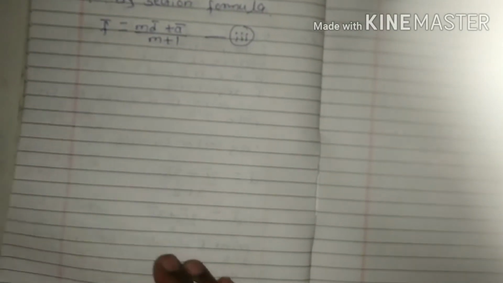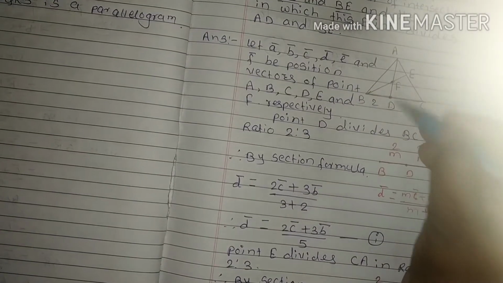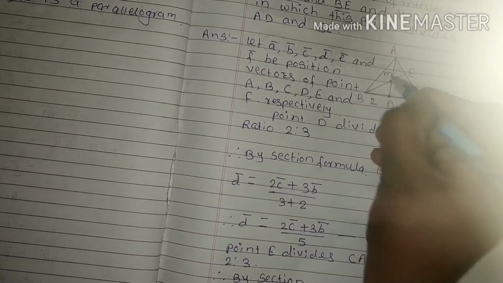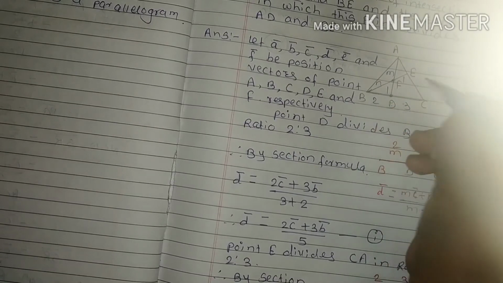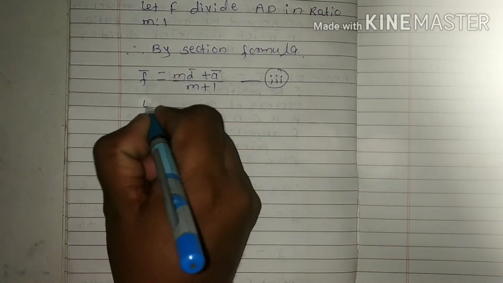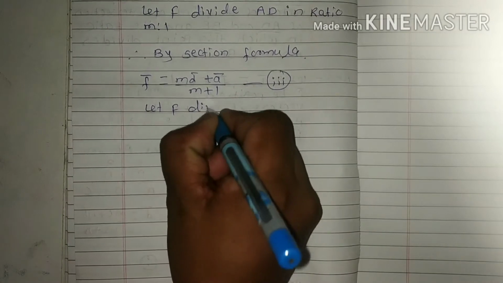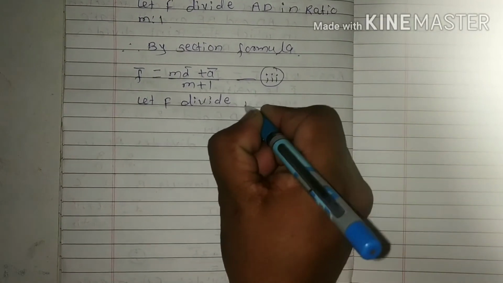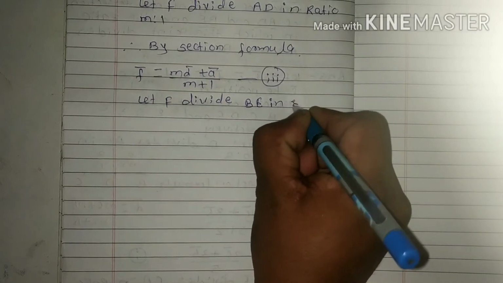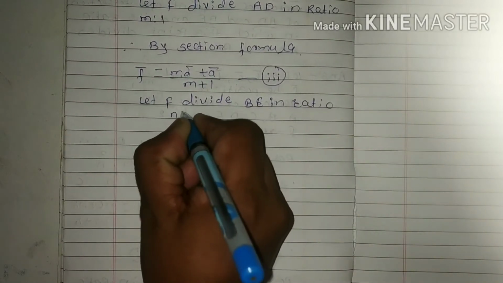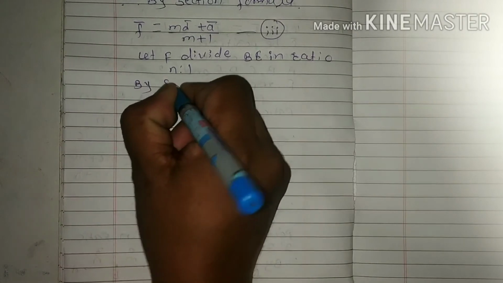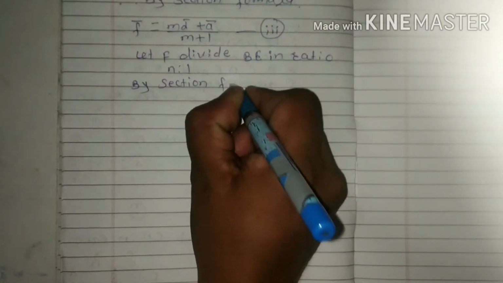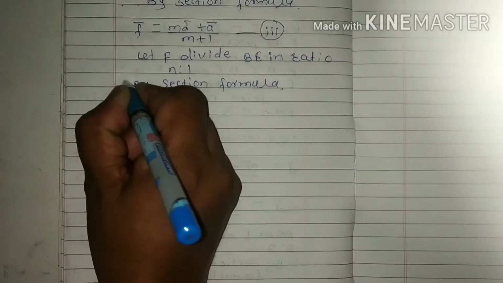Then F also divides BE. Let us take the point F dividing the line BE in the ratio n:1, and we use the section formula here.